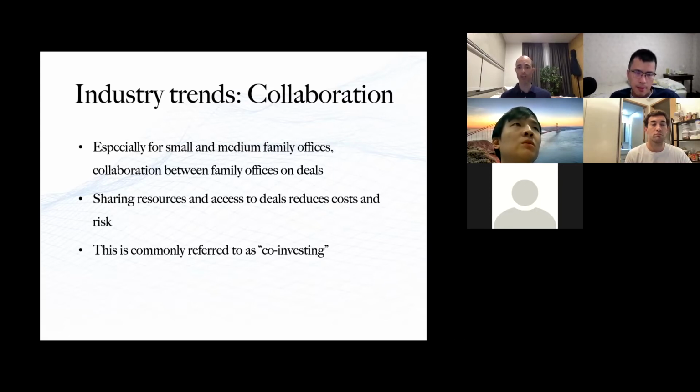That could be deal sharing, that could be sharing resources, and it could also be investing together directly in some companies. So you bring in 2 or 3 different family offices on a deal to a startup that may be of particular interest. Maybe it's involved in recycling or alternative energy, or some interest that is an overlap between their philanthropic interests and their investment portfolio.